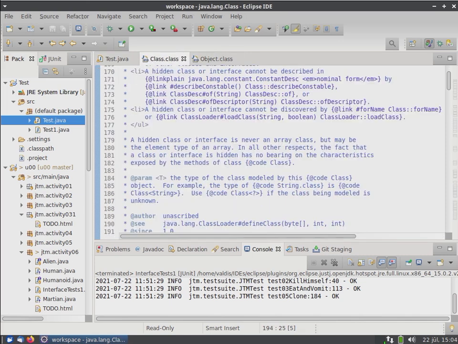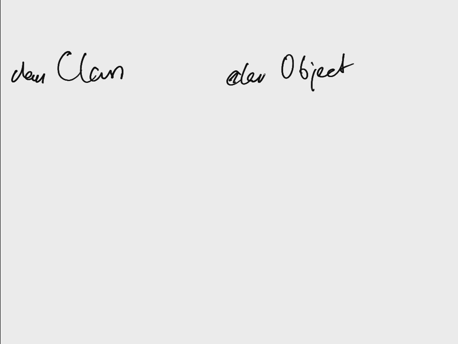But in general what is happening there is the following, that we have a class called class and we have a class called object, and these both are classes. Okay, let's write it in Java. This is class and this is class.